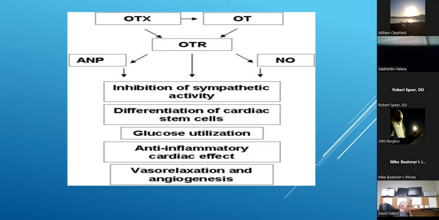So oxytocin secretes the natriuretic peptides, the atrial natriuretic peptides, which help the diuresis and get rid of that excess fluid, and this will decrease the overload of the heart, because that's something we need when we are managing myocardial infarction.